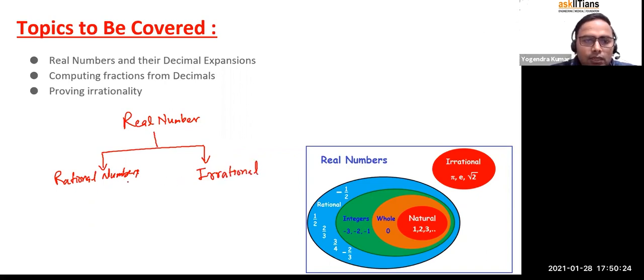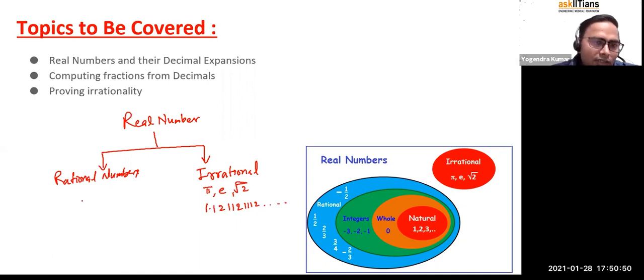Irrational numbers have examples given here: pi, e, root 2, and this decimal form also, which is non-terminating and non-recurring, like 1 2 1 1 2 1 1 2, it keeps on going, it's not repeating. But rational numbers are what?